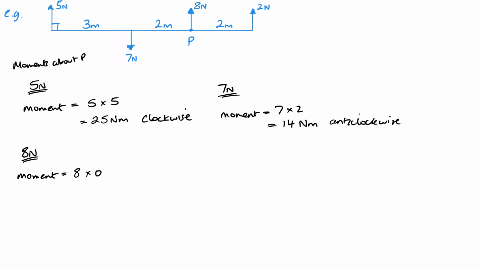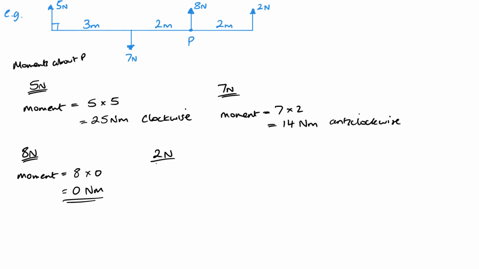That force has a perpendicular distance of 0, so therefore it's 0 Newton meters and obviously no direction, because it's not going to affect the turning of P. So think of all these forces that affect the rotation around P. If I pull down here, this whole rod would rotate in this direction. This one, if I push this force up here, it's not going to turn my rod. So that's a way of thinking about it: think of it logically, is it actually going to turn the rod if that was the only force acting on it?